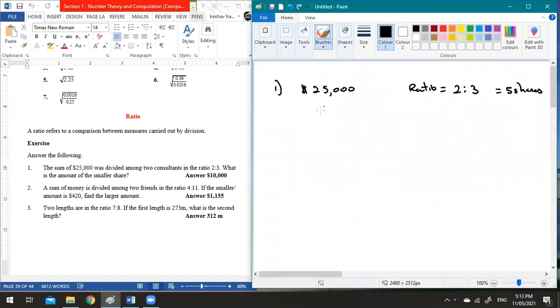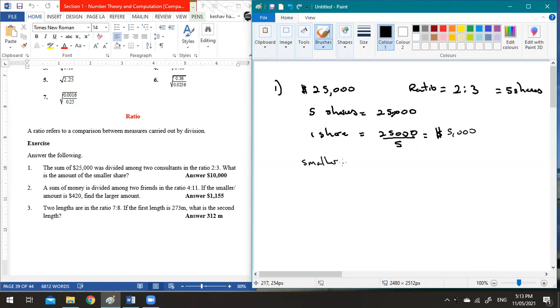So the 5 shares will be equal to this. One share is 25,000 divided by 5, which is $5,000.